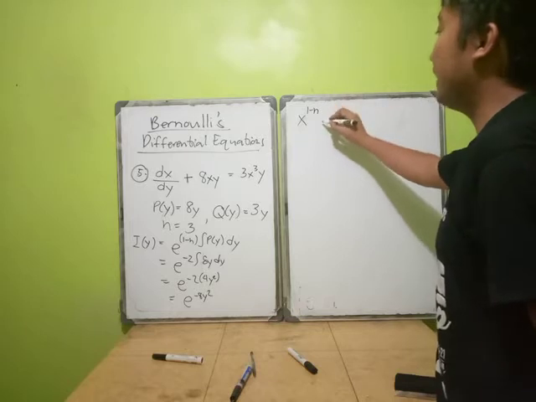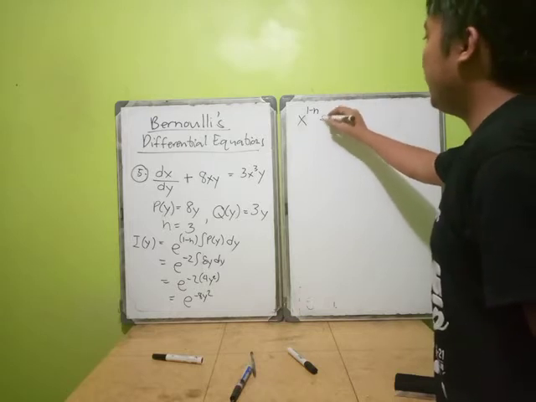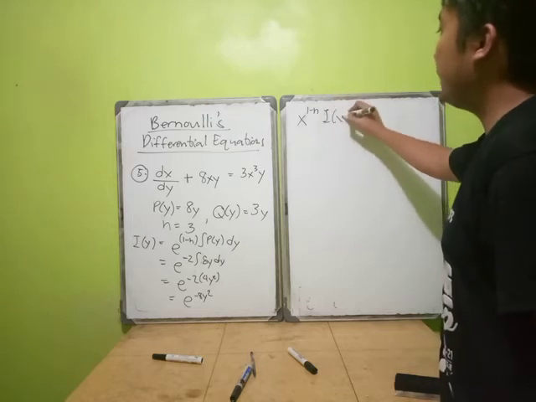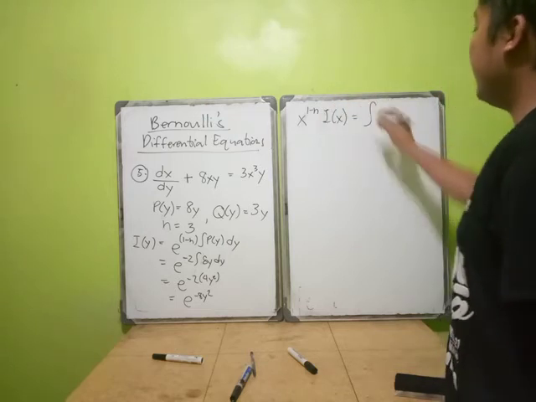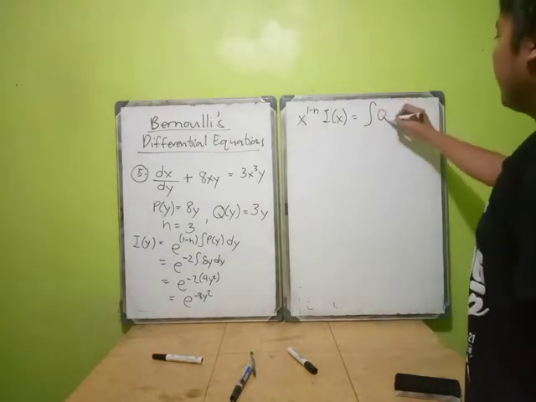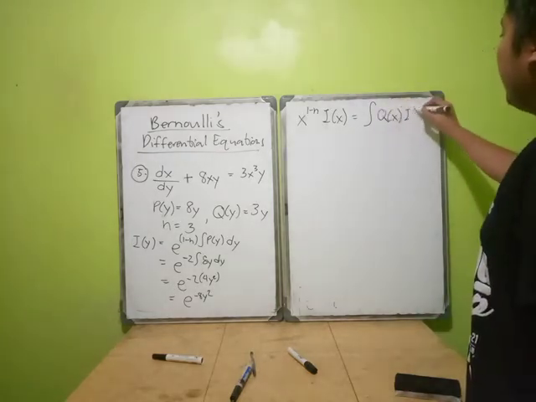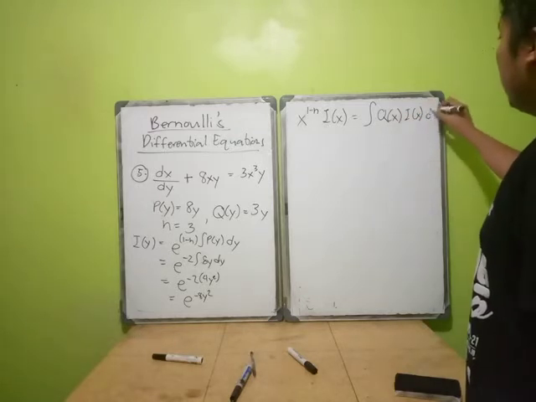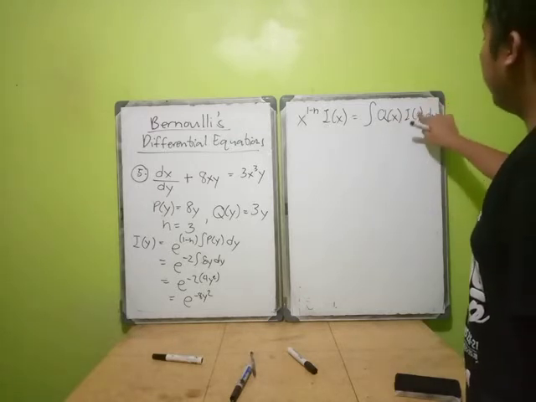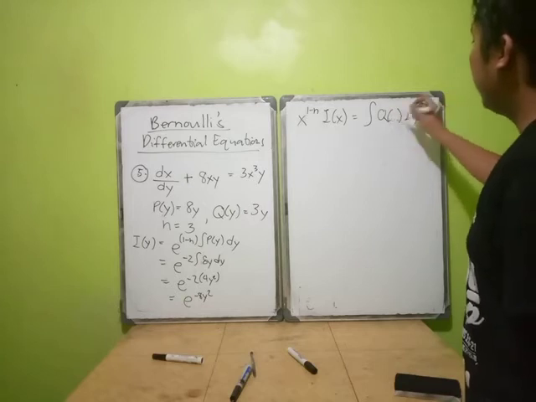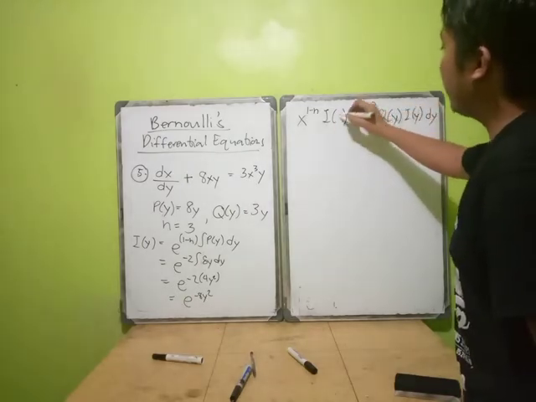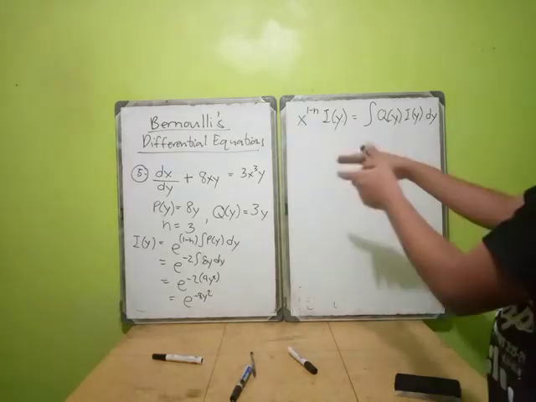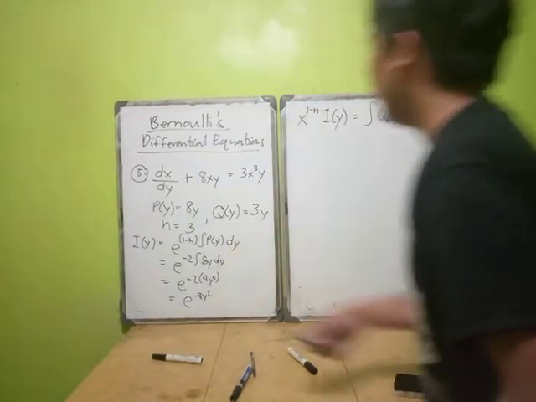So, x to the 1 minus n multiplied by the integrating factor I of y is equal to integral of q of y, I of y, dy. Okay? So, ganyan. Nilipat natin yung sitwasyon ni x at y kasi nasa ibaba si dy.